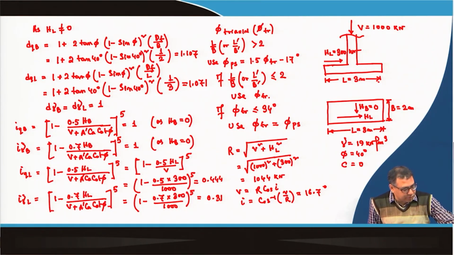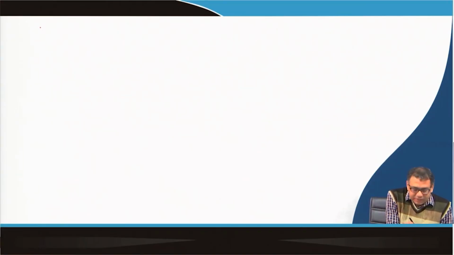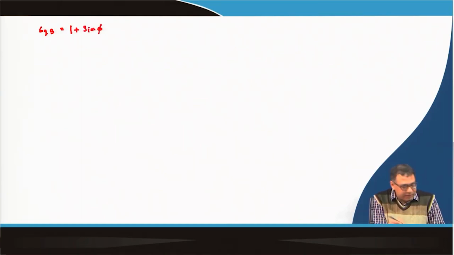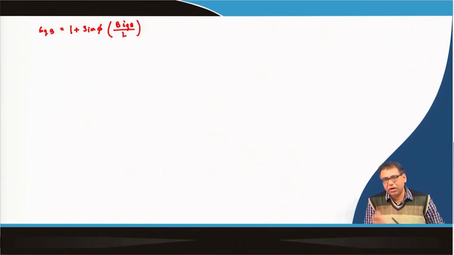Now I will go to the modification in the shape factor. So, now I will calculate the sQB. This is 1 plus sin phi, and we have done the modification, that is B iQB divided by L. If the loading is not inclined, then iQ will be 1, so that will go back to our original table equation that I have given.